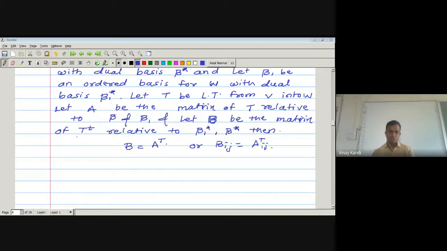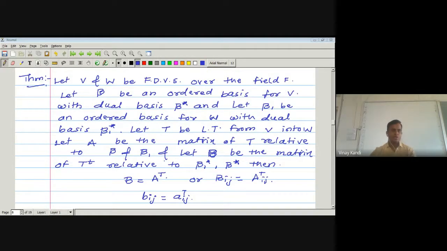Bij, small bij is equal to A transpose ij. Okay, what is the statement? Let V and W be finite dimensional vector spaces over the field F, and let beta be the ordered basis for V, and beta star be the ordered basis of the dual space V star.